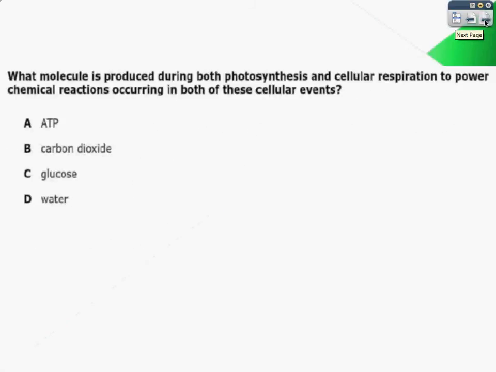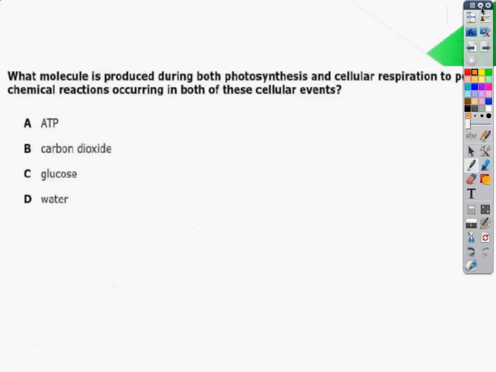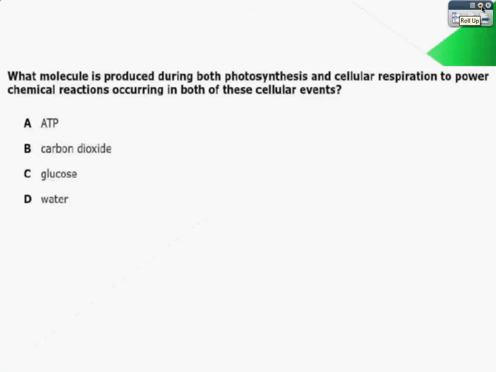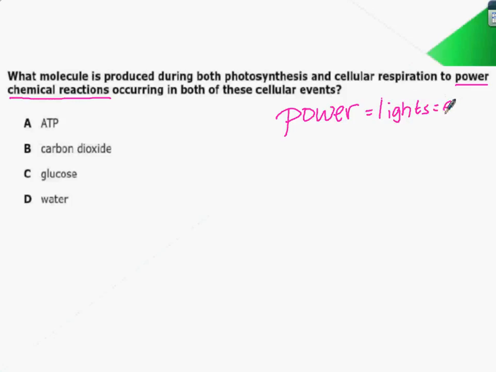All right, this will be the last question of this video and of this quiz. It says, what molecule is produced during both photosynthesis and cellular respiration to power chemical reactions occurring in both of these cellular activities? Power chemical reactions. When we think about power, you probably think about lights. Well, lights is a form of energy.